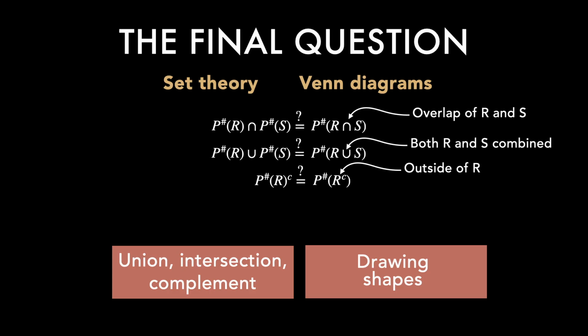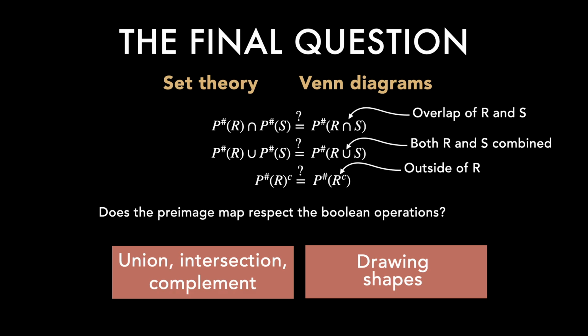Now, if you look at it really carefully, I have phrased everything as: is the preimage of a geometric operation a set theoretic operation? In simple terms, we could write it as, does the preimage map respect the Boolean operations? This is the essence of Venn diagrams.